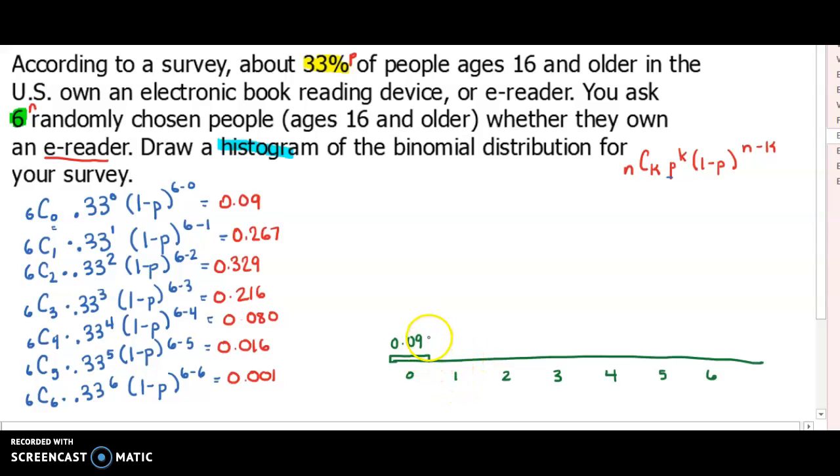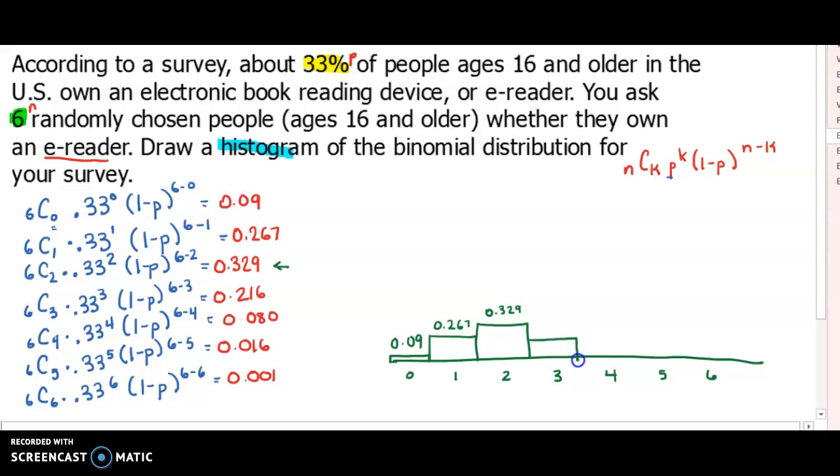The probability of 1 person having an e-reader is almost triple that, and it's 0.267. The probability of 2 having it is even more than that, and that's 0.329.